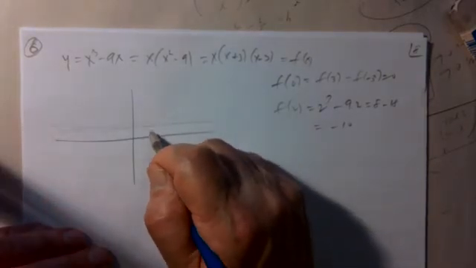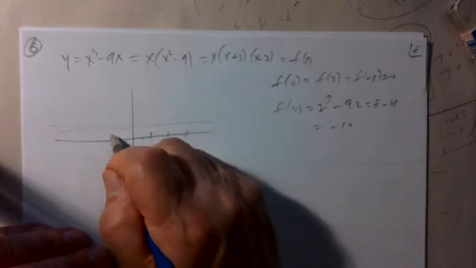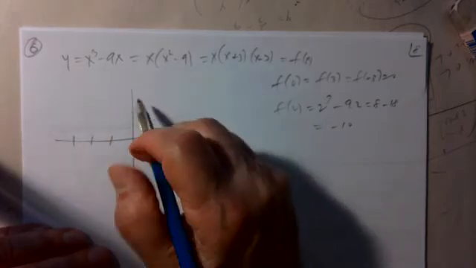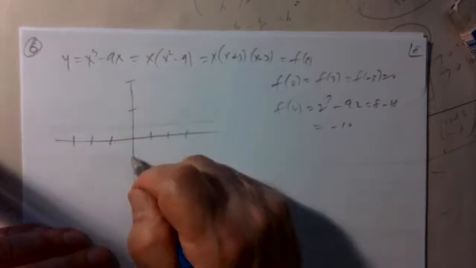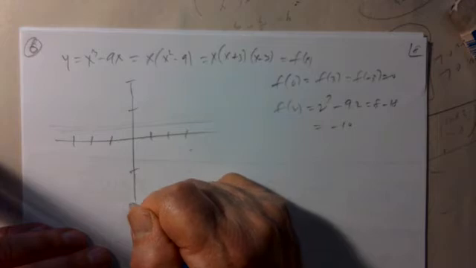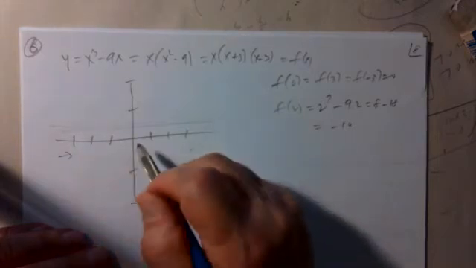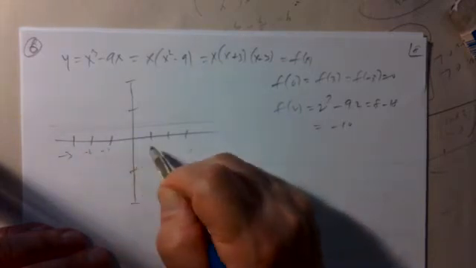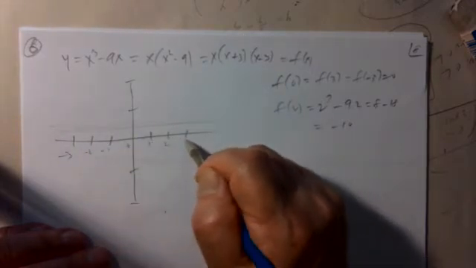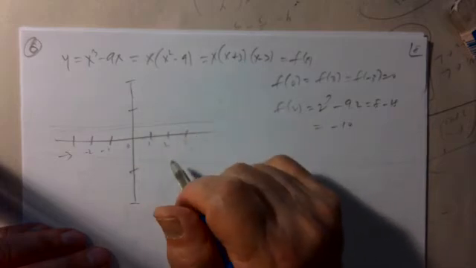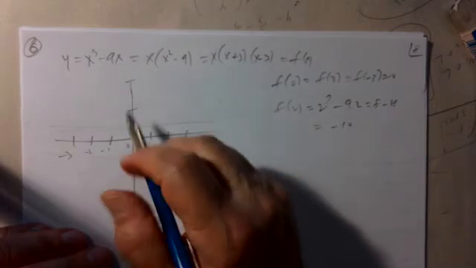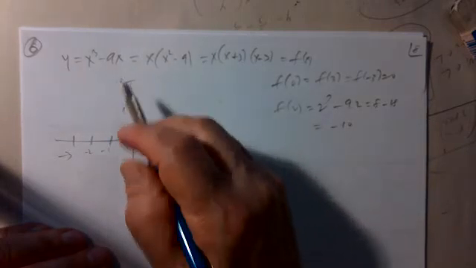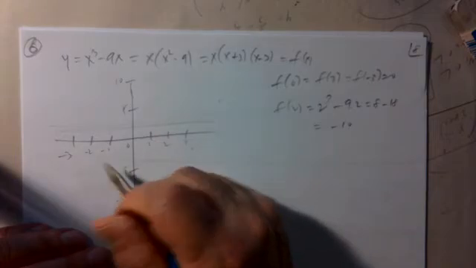So this is minus 3, minus 2, minus 1, 0, 1, 2, 3. And let's say this is 5, 10, minus 5, minus 10.